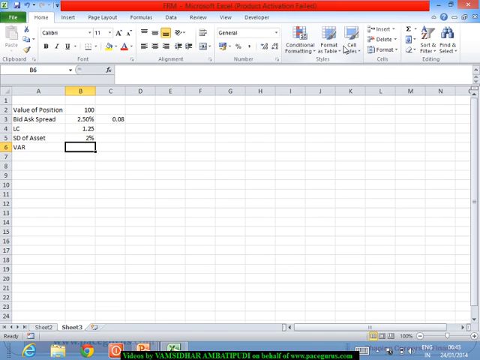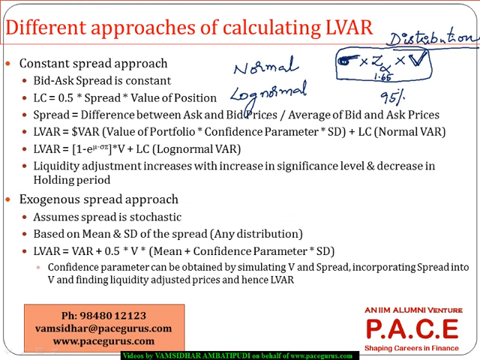Then I'll compute the VAR as 1.65 times this 2% times 100, which comes out to around 3.3. When I am doing a liquidity adjusted VAR, I am adding this VAR plus the liquidity cost, coming out to 4.55. So my original VAR in this case is 3.3, whereas the liquidity adjusted VAR becomes 4.55 million.